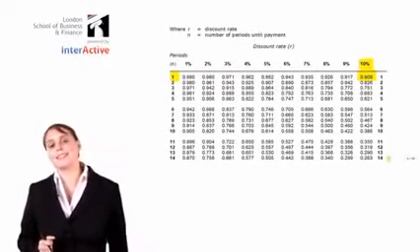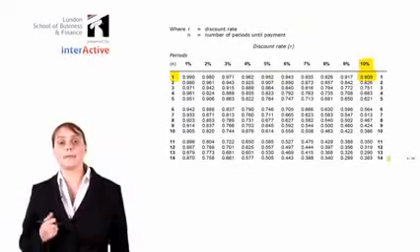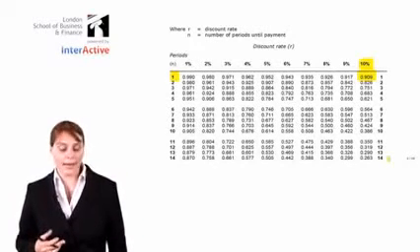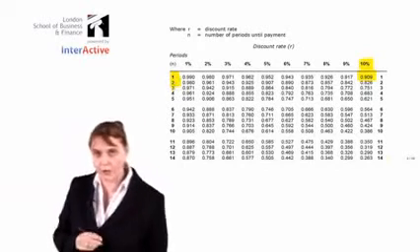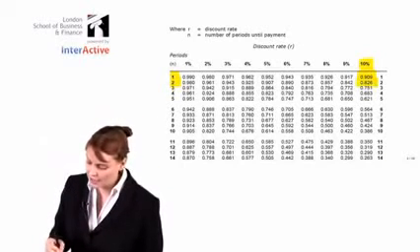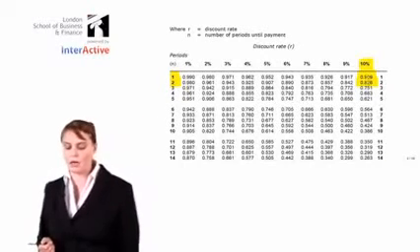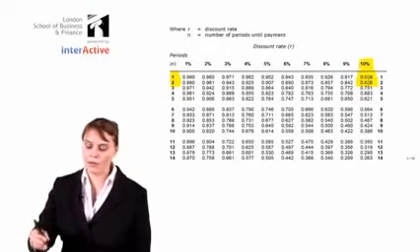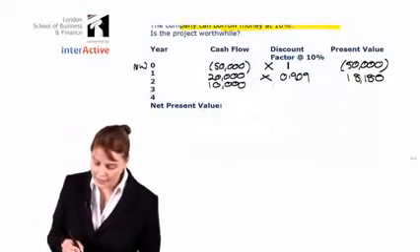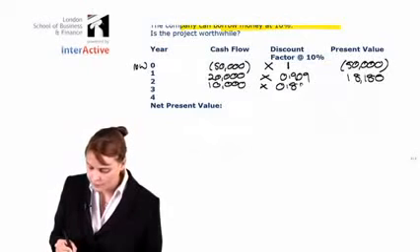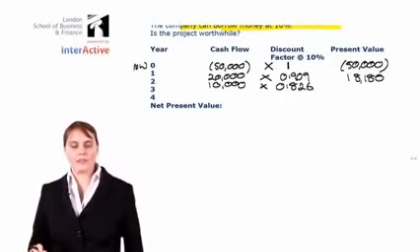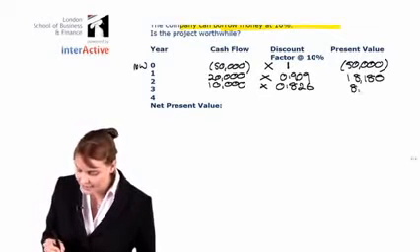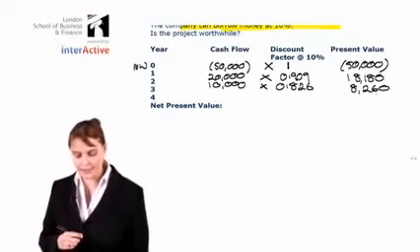Our discount rate is still 10%, except now the number of time periods is 2. So N will be equal to 2, which means our discount factor in the 10% column is 0.826. Plugging that into our table, the present value then of $10,000 received in 2 years' time is 8,260.